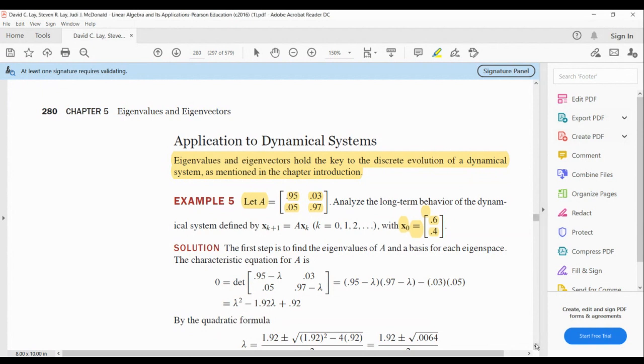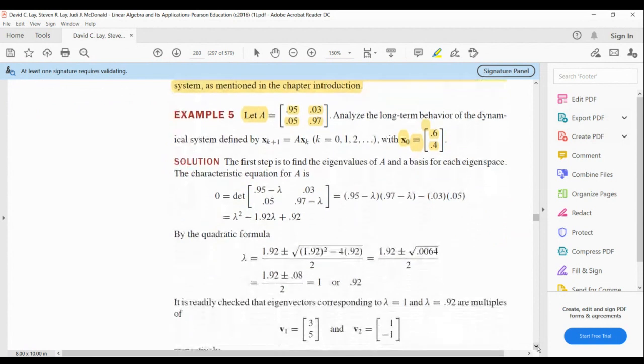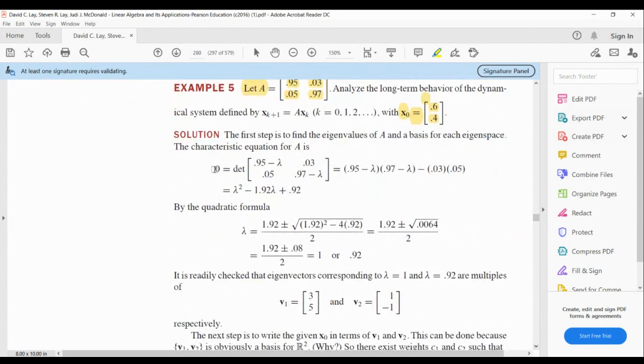The first thing is to find the eigenvalues of A and a basis for each eigenspace. So they find the eigenvalues using the characteristic equation. Oh, this here you can't factor, so they're going to use the quadratic formula. That's not too bad, right, everybody? Quadratic formula. That's right, Matthew. That's not too bad.